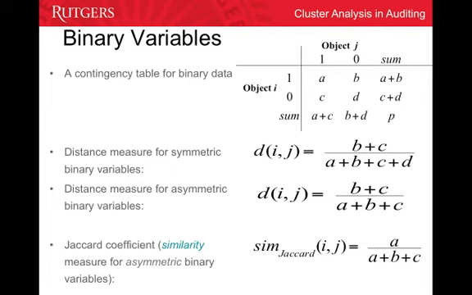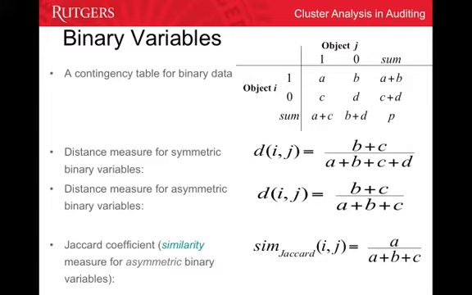Then for the binary variables, we may use a different distance calculation method. For example, we still have these two data objects i and j.